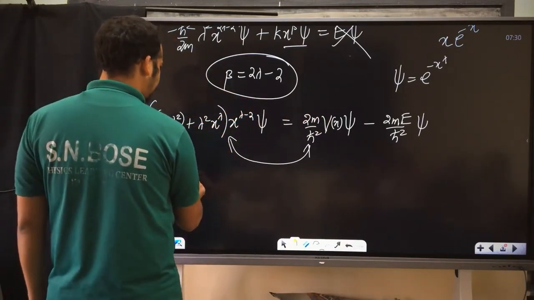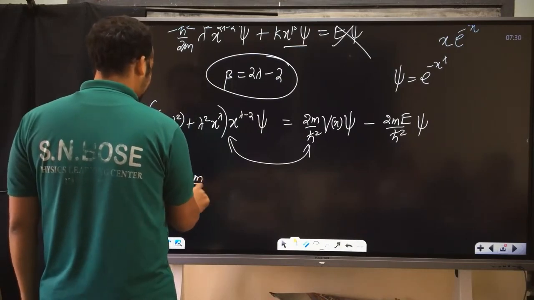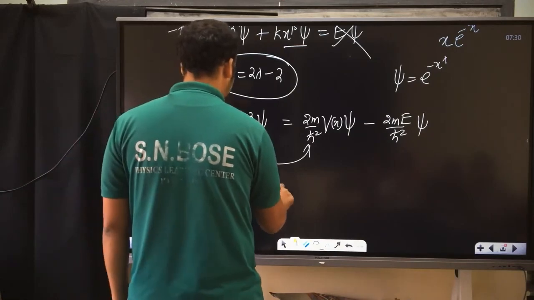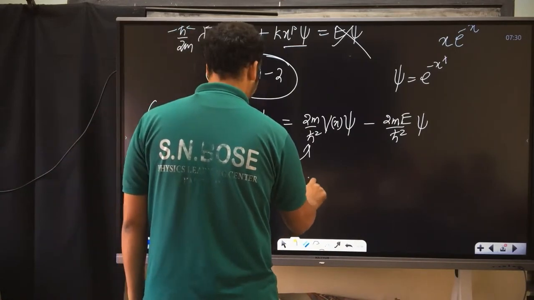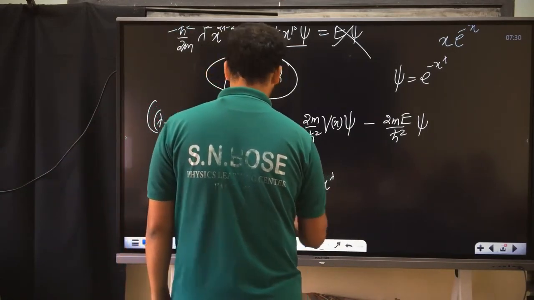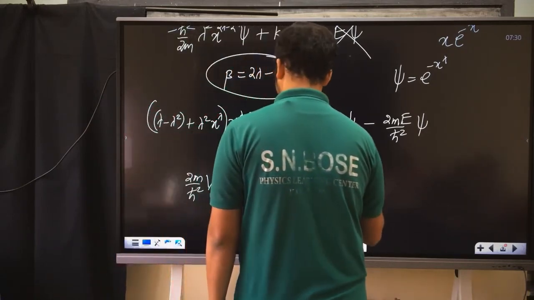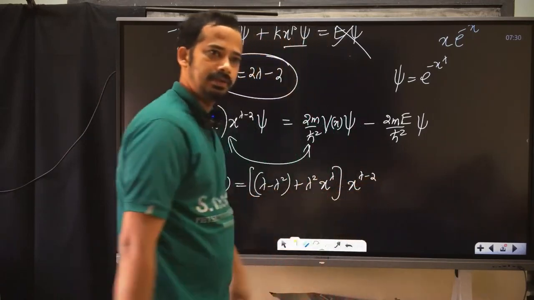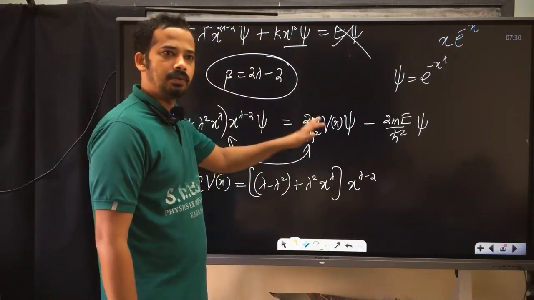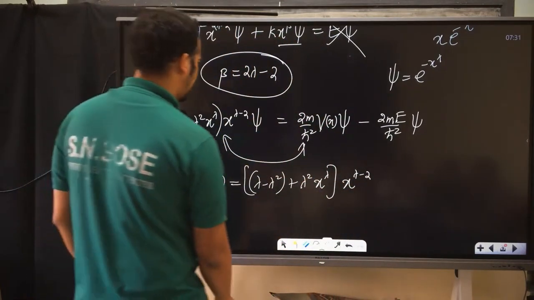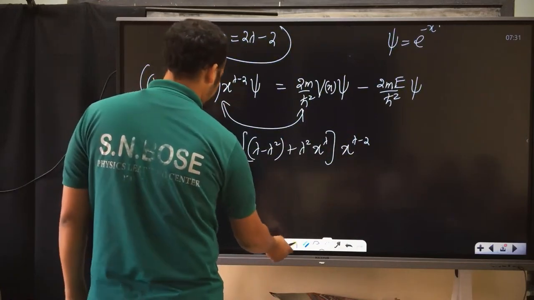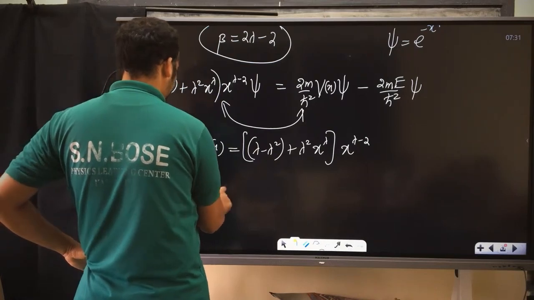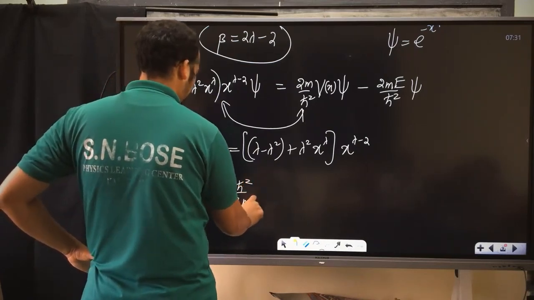What is 2m by h bar square into v of x? That's equal to lambda minus lambda square plus lambda square x power lambda, into x power lambda minus 2. This is v of x. According to our old idea, we found v of x here, that's why I compared these two. So my v of x is h bar square by 2m into this whole thing.